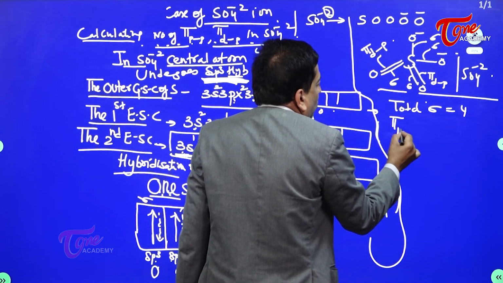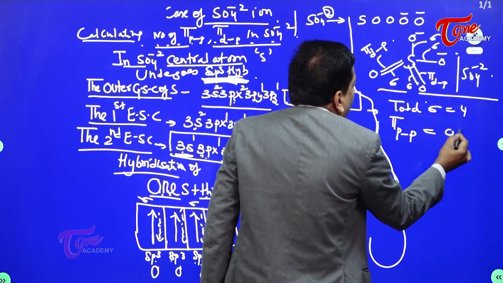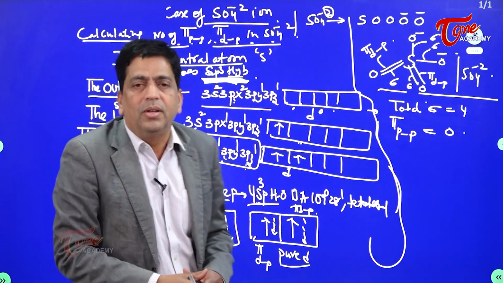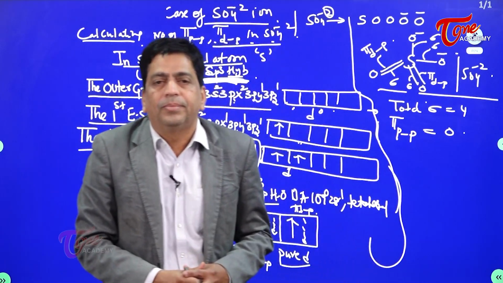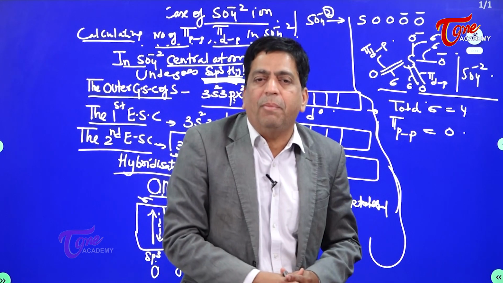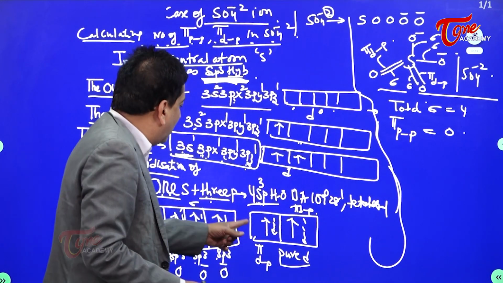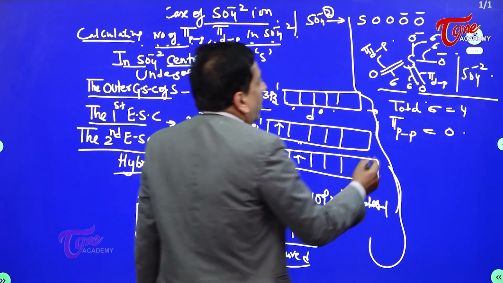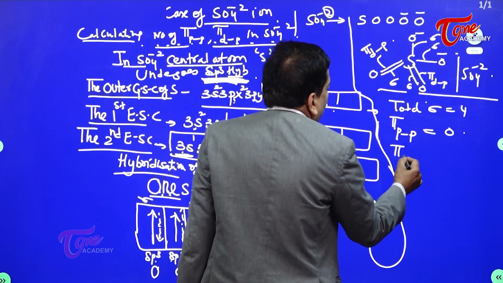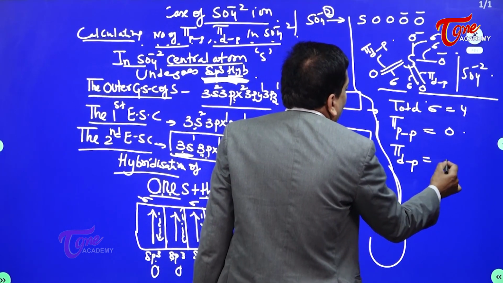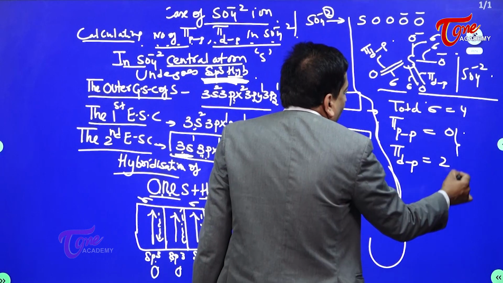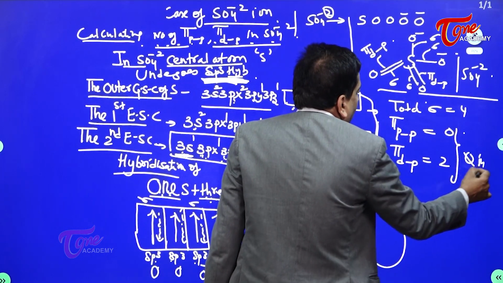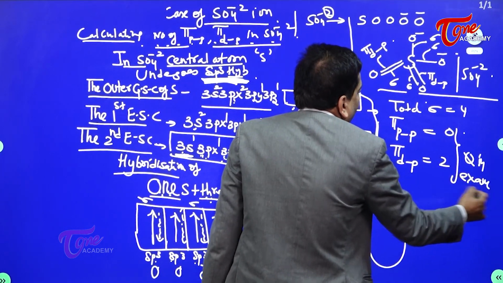Pi pp bonds, there are absolutely no pi pp bonds at all. It is zero. You don't have pi pp bonds at all. You can see here there are only pure d's. Now if you see pi dp bonds, these are 2.